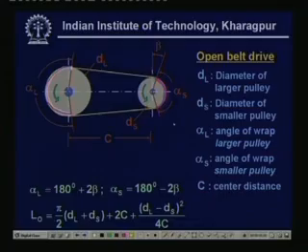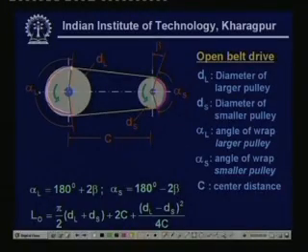Now, the simple formulas for alpha L, alpha S, etc., are like this. The angle of wrap for the larger pulley is 180 degrees plus 2 beta.